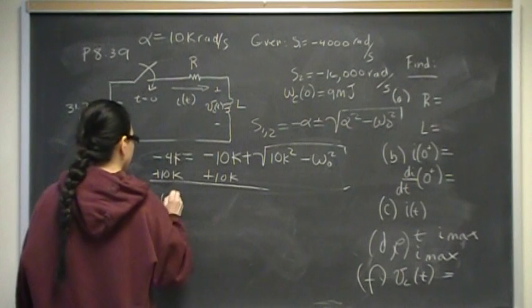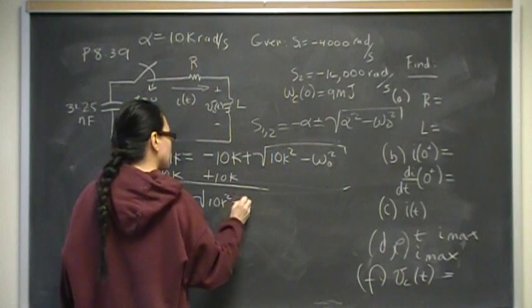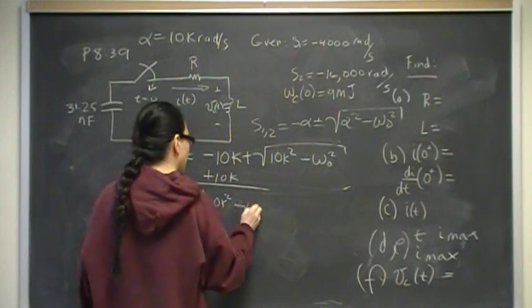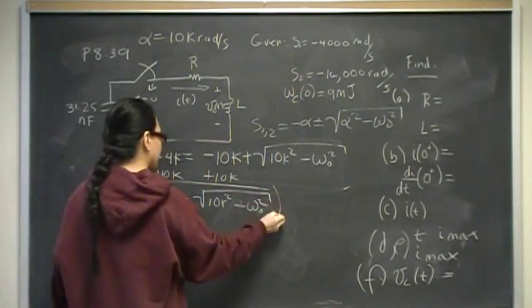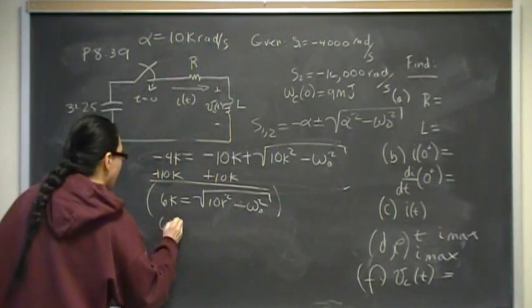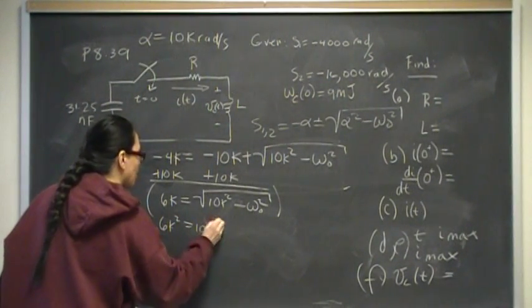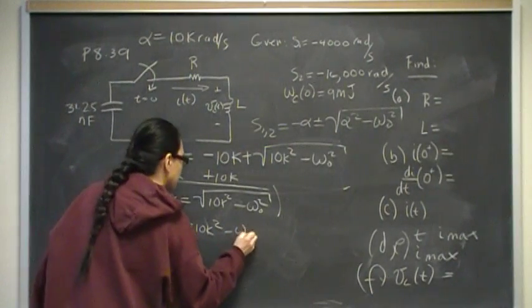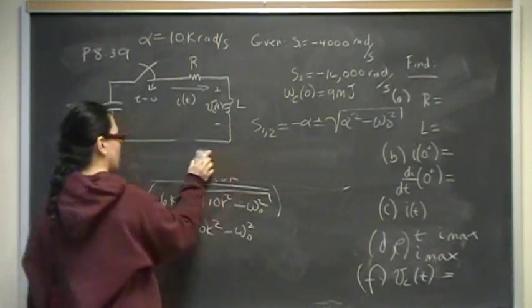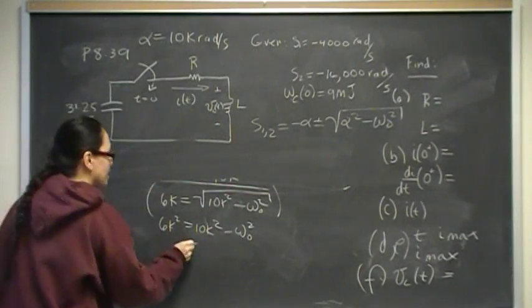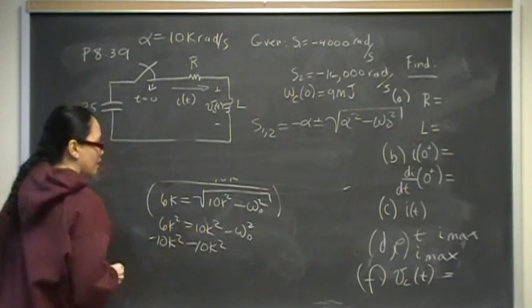This will give me 6k is equal to the square root of 10k squared minus omega naught squared. Square both sides, and this will give you 6k squared is equal to 10k squared minus omega naught squared. Running out of room. Subtract 10k squared from both sides and take the square root.